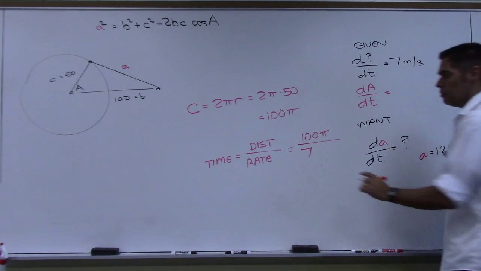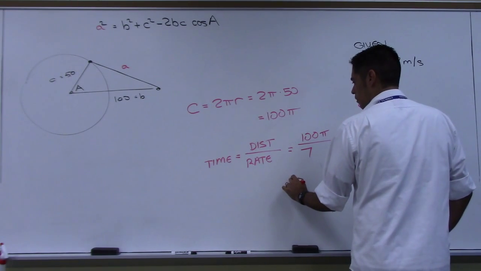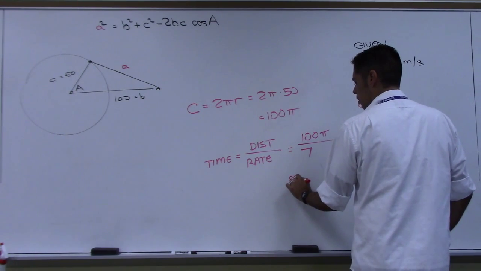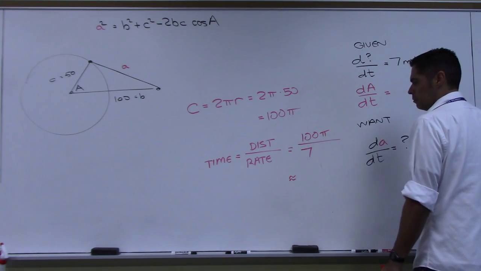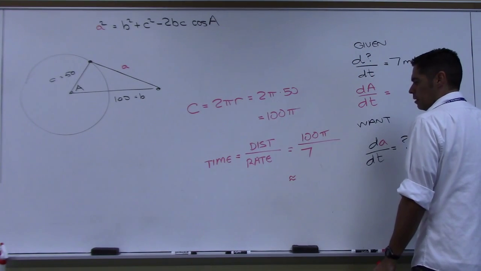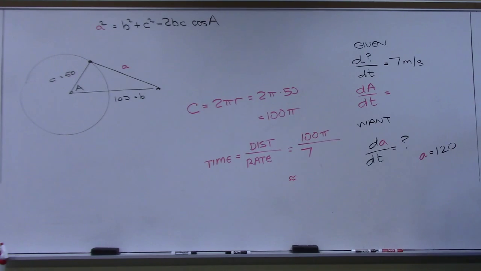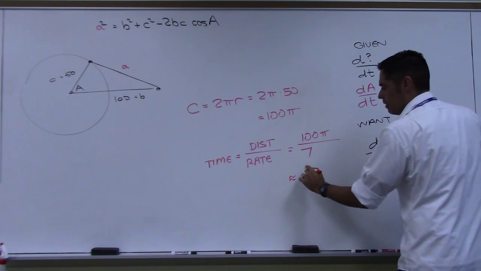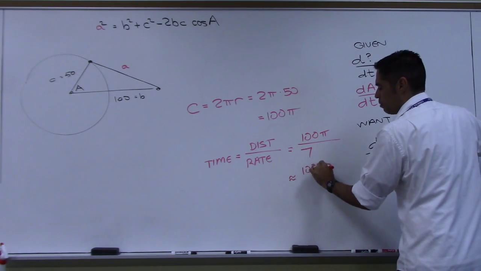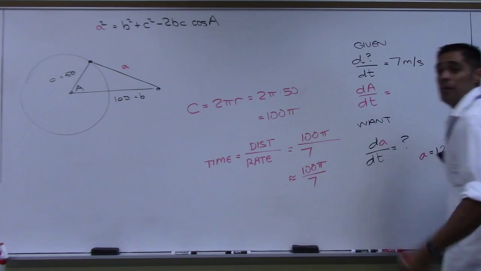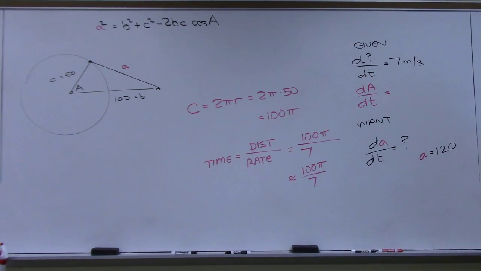What is it? 44.85 seconds. I'm just wondering if we should go decimals now? I don't want to go decimals yet. We're going to get too much rounding error. I'm not real comfortable with that at this point. Let's just say that's the time, 100 pi over 7. That's how long it takes her to go around.